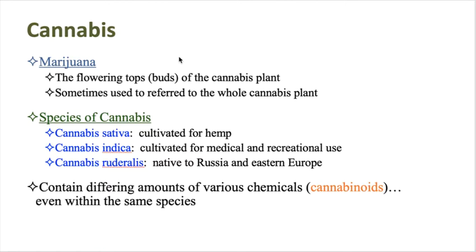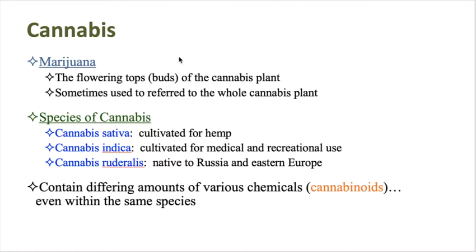I'm going to try not to use the word marijuana because it mostly started entering common vernacular in the 1950s and 60s, when the establishment and the government were trying to link cannabis to dangerous immigrants and found that the word marijuana sounded more foreign, so you could link it more easily with dangerous outsiders.